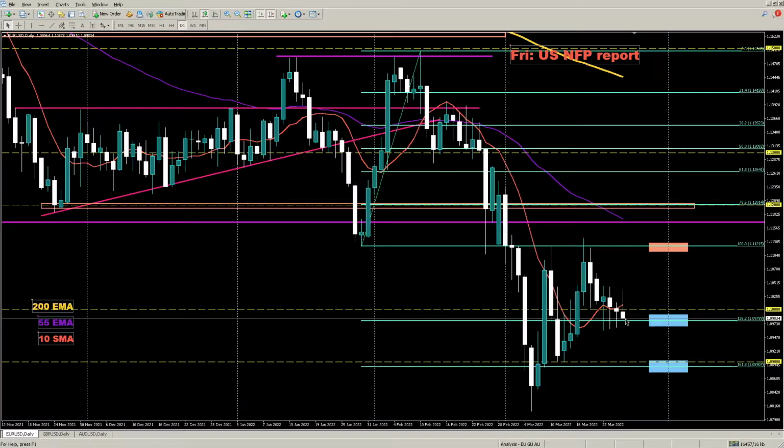Unfortunately it's just sitting down here, and it needs to break out one way or the other. This is going to prove to be strong resistance again. And if it does break down, this is going to be support. So all coming back to the 110 area.